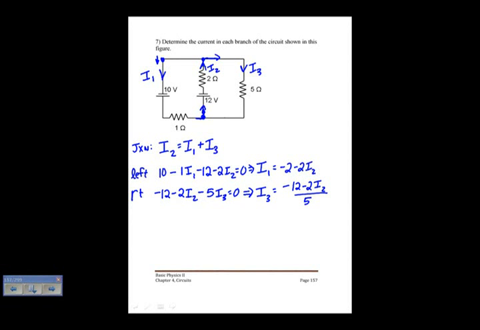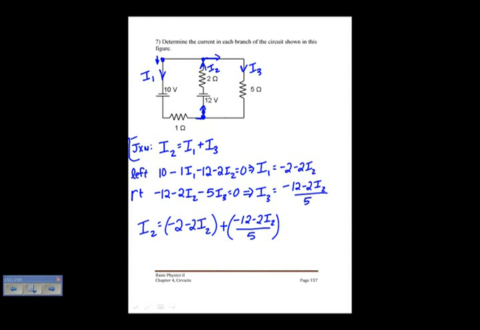Right, so now I have expressions for I1 and I3. I'm going to plug those back into the junction equation. So I'm going to have I2 equals I1, which is minus 2 minus 2I2, plus my I3, which is minus 12 minus 2I2, over 5. That's just the junction equation with those substitutions made.